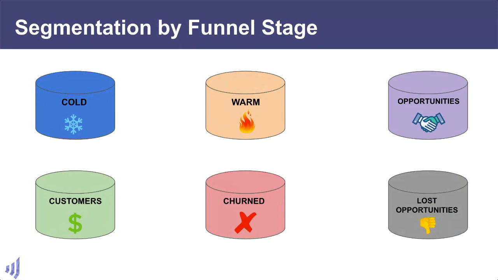Cold and warm is where a lot of these things go bad, because opportunities are pretty clear, lost opportunities are clear, churn is clear, customer is clear. But with cold and warm, what do you define as warm? In my view, anything that has any kind of response, even downloading a white paper, is better than going completely cold. So I would take that over cold anytime. So you want to distinguish that.